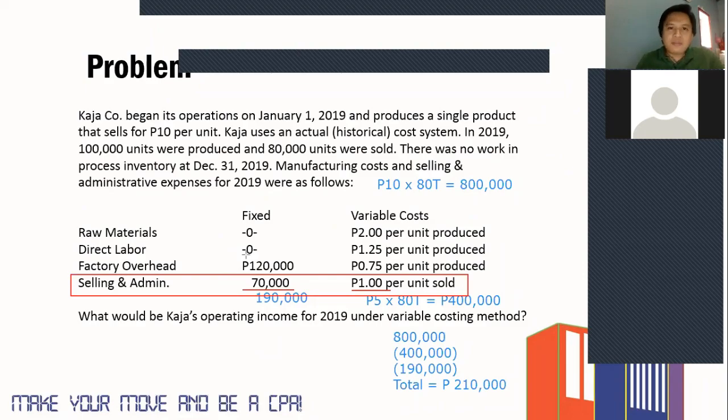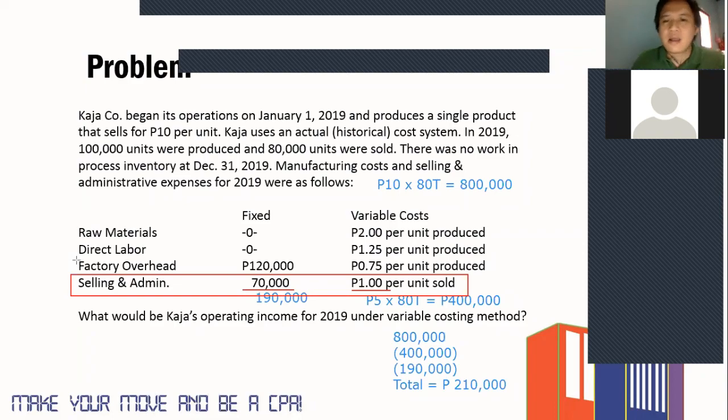However, pagdating sa absorption, that will vary. Mag-iiba yon. It's because under variable costing, this fixed factory overhead is considered a period cost. When we talk about period cost, it was incurred during the period, so based on the matching principle, it should be recognized within the period. However, it differs pagdating sa absorption, because we only recognize part of the fixed factory overhead.